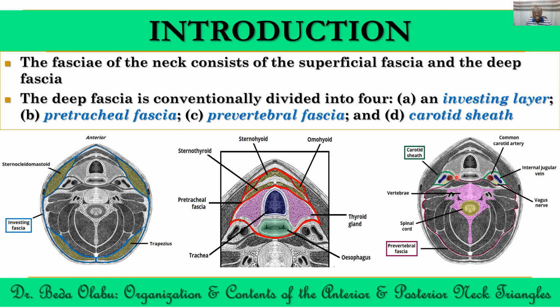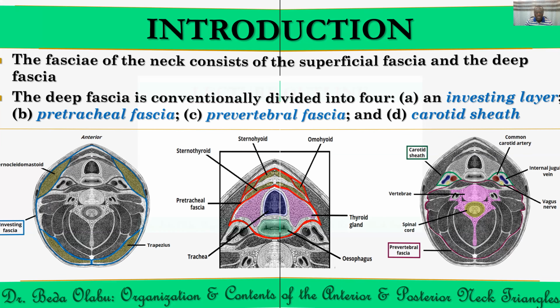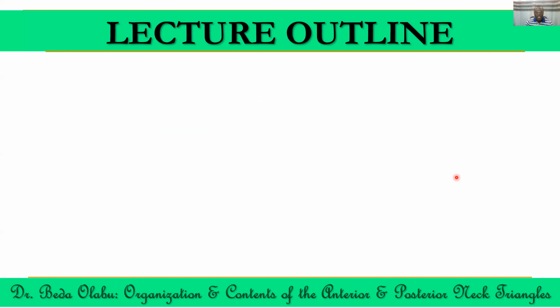So this carotid sheath is a union of the other three deep cervical fascial systems. That is important because we are going to use this fascial anatomy to discuss the spatial anatomy of the neck. And with that in mind, I can now give you the objectives of this particular lecture.